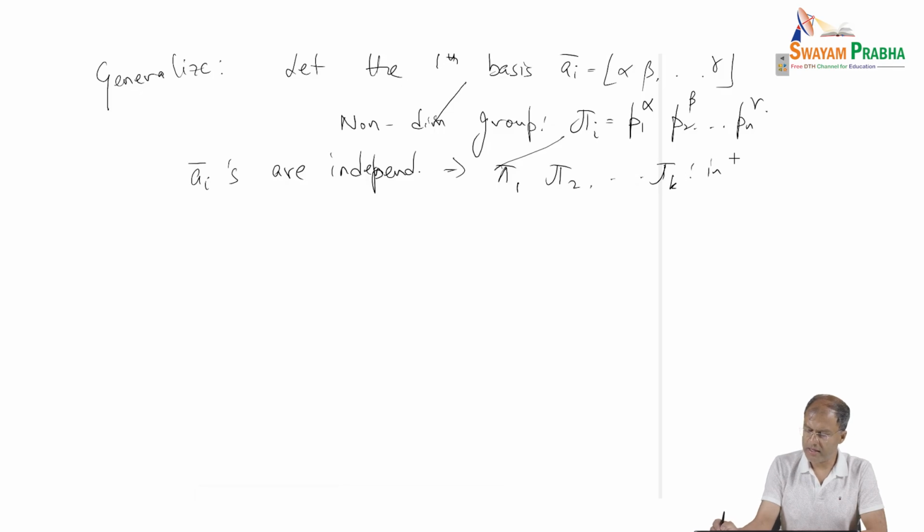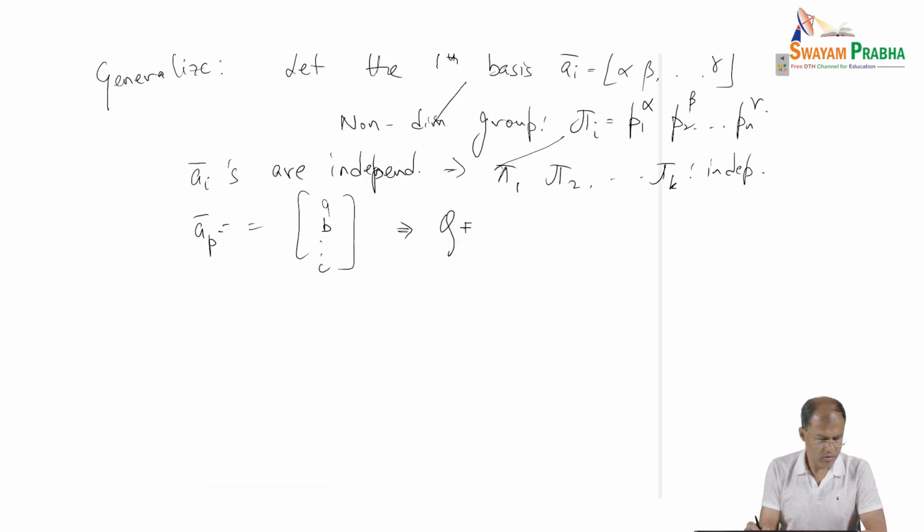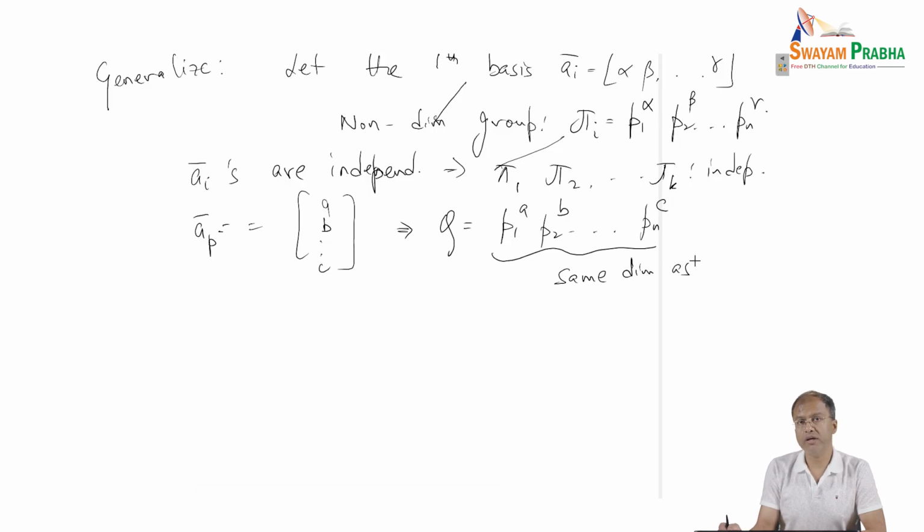Now let us say our particular solution A p is A, B, C, and so on. Our variable capital Q will have the dimensions P1 to the A, P2 to the B, and so on, for these variables P1, P2, Pn, and this has the same dimension as my original variable small q.